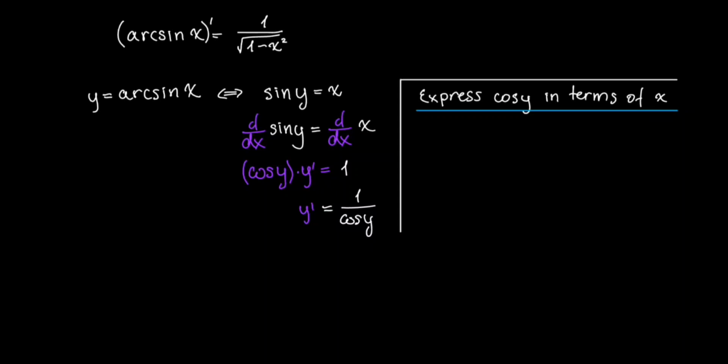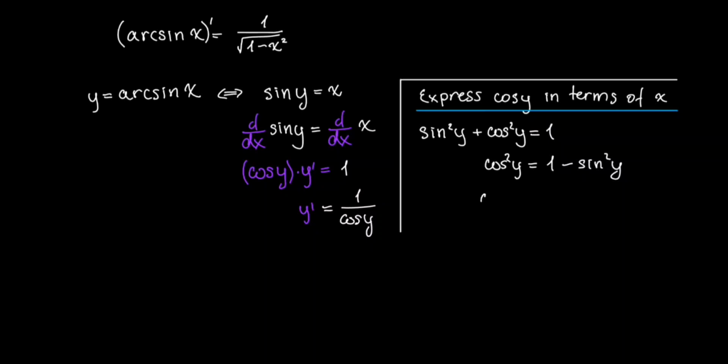In order to do this, you do need to know the Pythagorean identity, that says that sine squared of y plus cosine squared of y is equal to 1. So basically, cosine squared of y can be written as 1 minus sine squared of y.